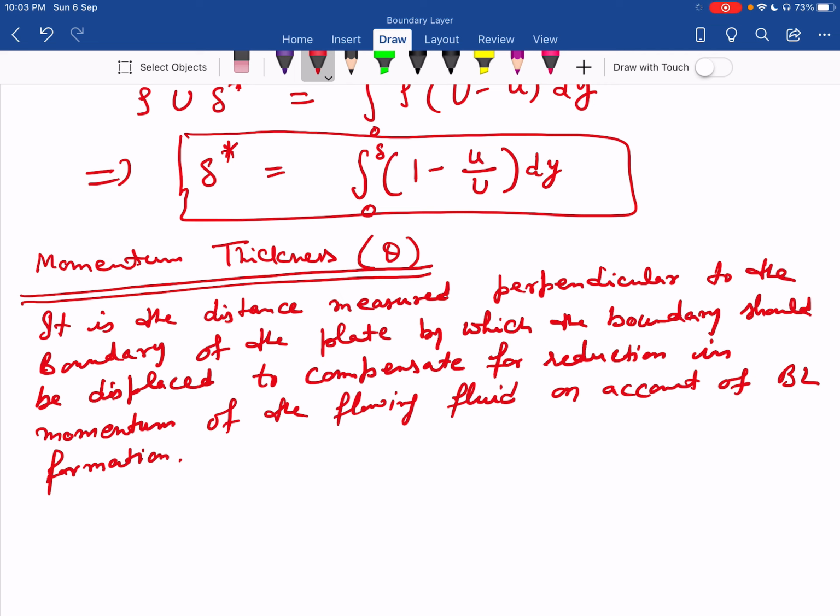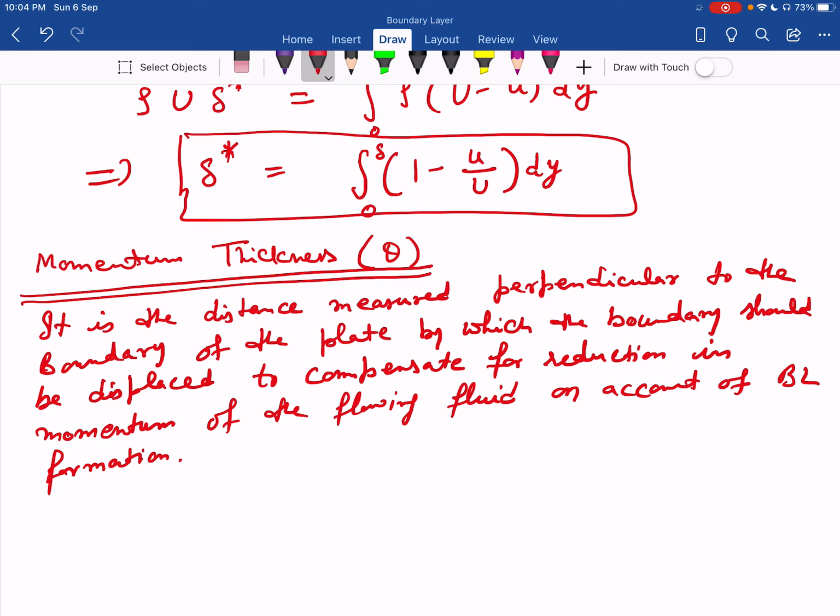Okay, so in momentum thickness, we consider the loss of momentum due to the formation of boundary layer. You have a flowing stream, and for the flowing stream we have some momentum.